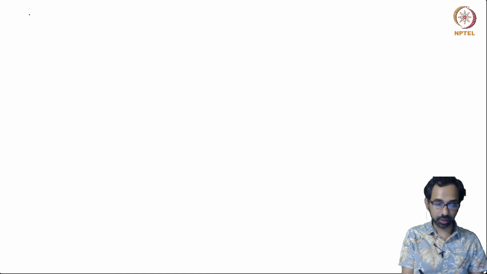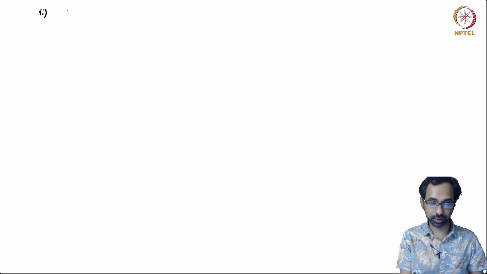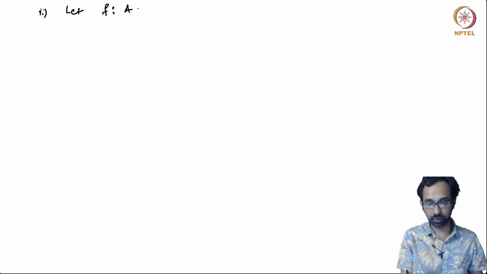Another way to define a new function is when you have two given functions. So let f from a to b be a function and g from b to c be a function.